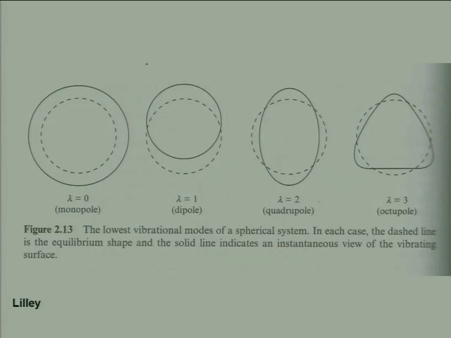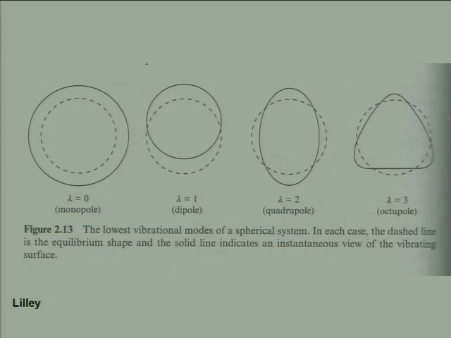Okay? And if you think about what the shape of the nucleus could then look like, this is out of Lilley's book, and he's showing you the lowest vibrational excitations of a spherical system. So we're imagining that the ground state is the dashed line here, okay? And what's called the monopole excitation, the lowest kind of excitation you can imagine, is the nucleus swells up and contracts. Swells up and contracts, okay?